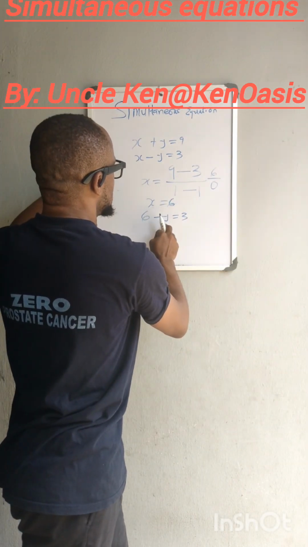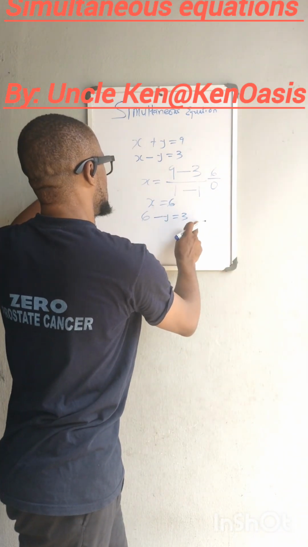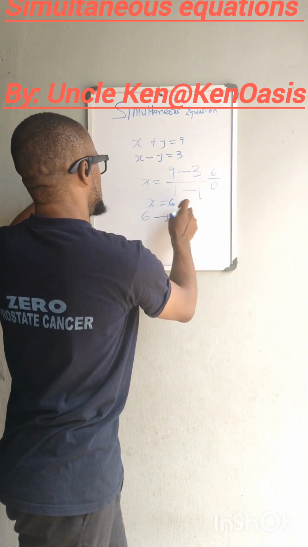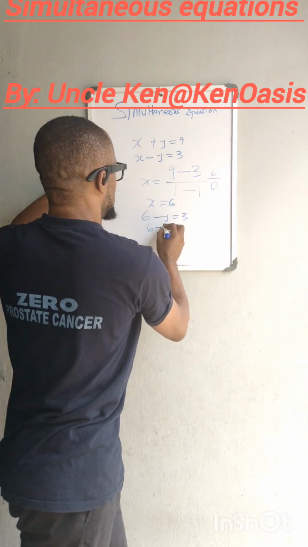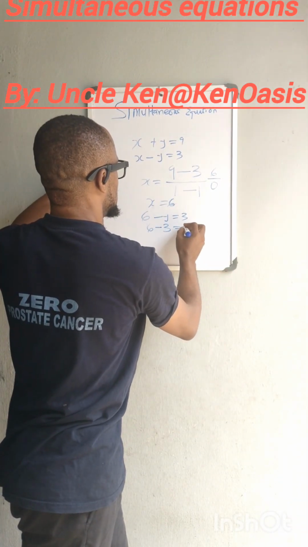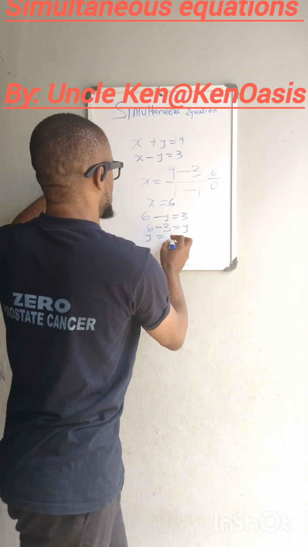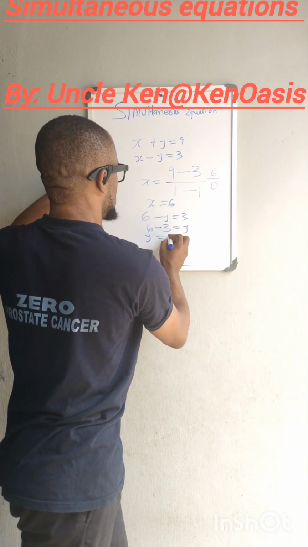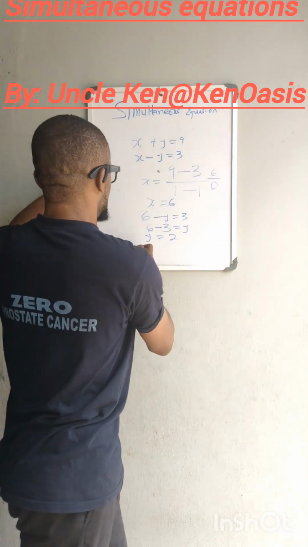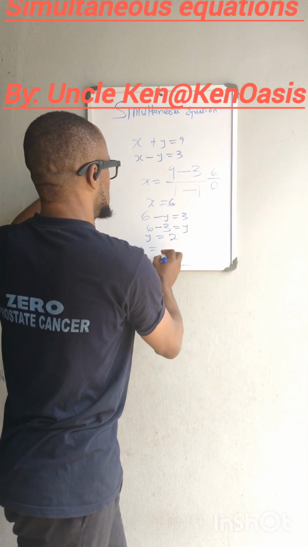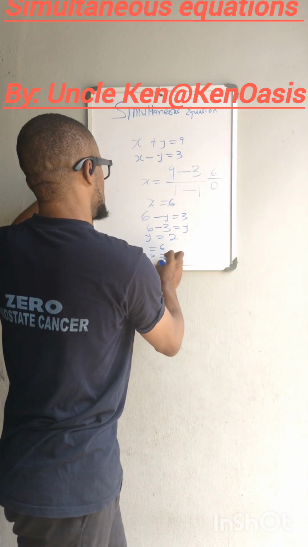In order to make this y positive, it will cross the other side and change sign, then 3 will cross here. So 6 minus 3 is equal to y. So y is equal to 6 minus 3, which is equal to 2. So x is equal to 6 and y is equal to 2.